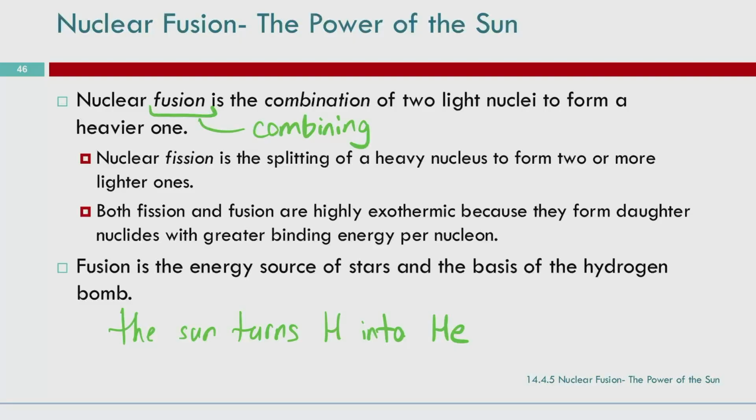And this is typically what people talk about when they're talking about nuclear fusion, like fusion reactors. These are also still highly exothermic, and that has to do with the properties of the nuclides. It has to do with the glue that holds them together, their binding energy.